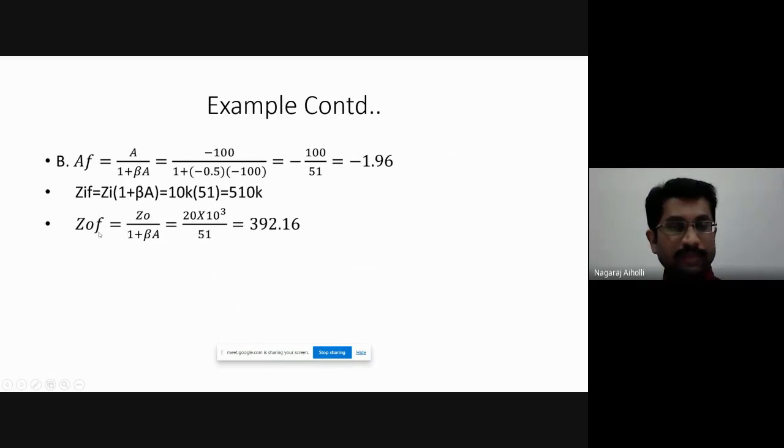Then output impedance with feedback will be Z0 divided by 1 plus beta A, that is 20 into 10 raised to 3 divided by 51. If we divide these two, we get 392.16. This is the output impedance with feedback. All of you are getting these values here? Yes? All the students are getting these values?